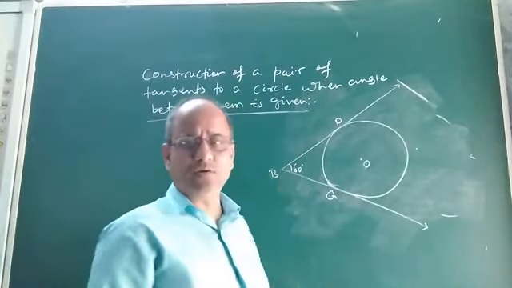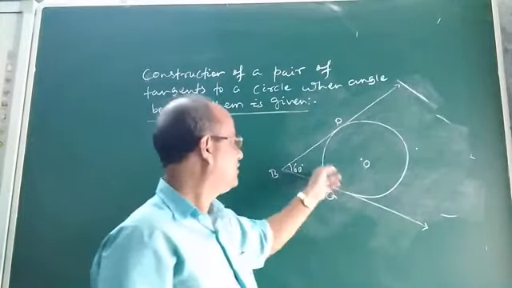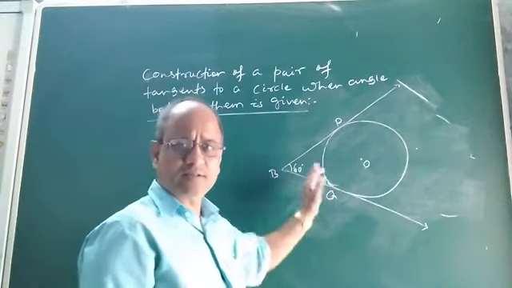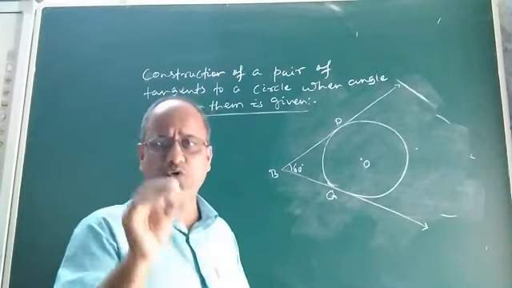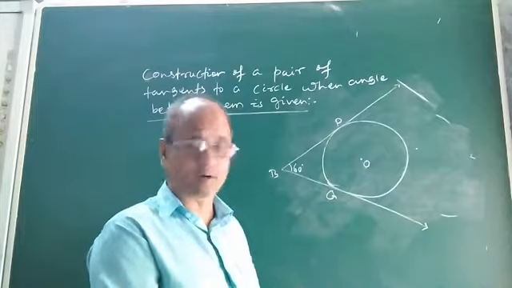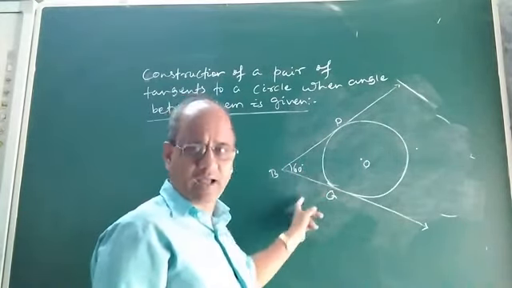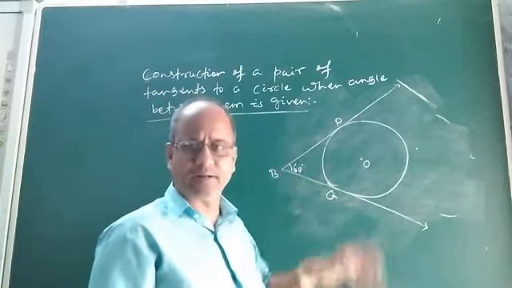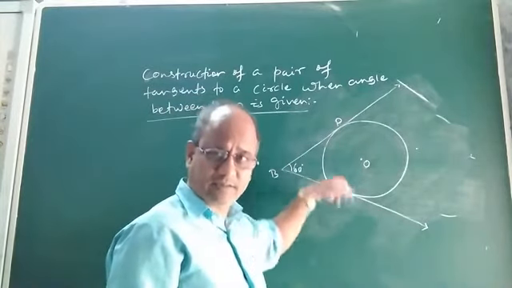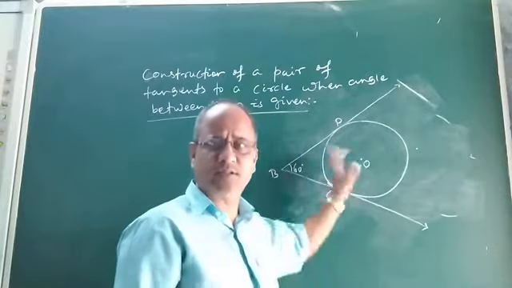So if the angle between two tangents is given, how to construct this pair of tangents to this circle from the external point, suppose B. That means in this construction we are going to discuss how to construct a pair of tangents to a circle if the angle of inclination between the two tangents is given, suppose 60 degrees, 45 degrees, whatever it may be. If the angle of inclination between the two tangents is given, then how to construct this pair of tangents to the circle, that we are going to discuss in this class.